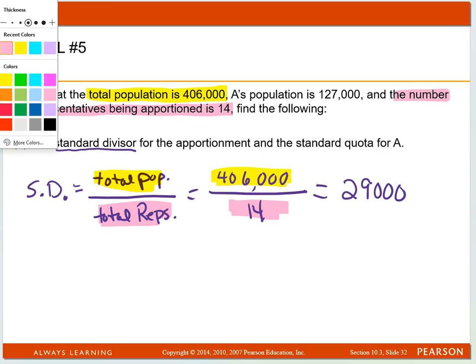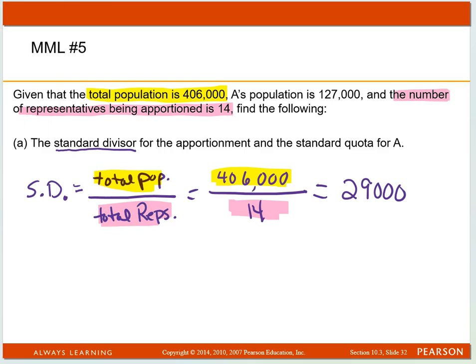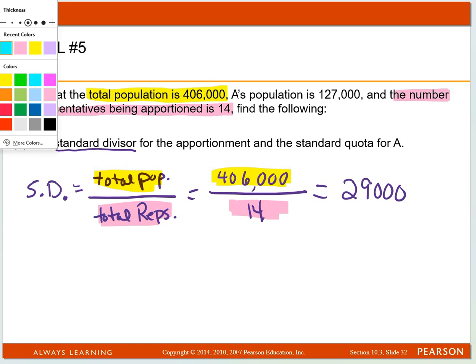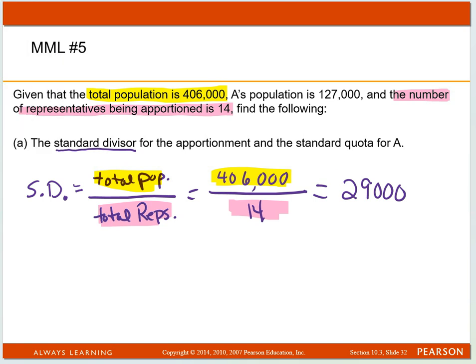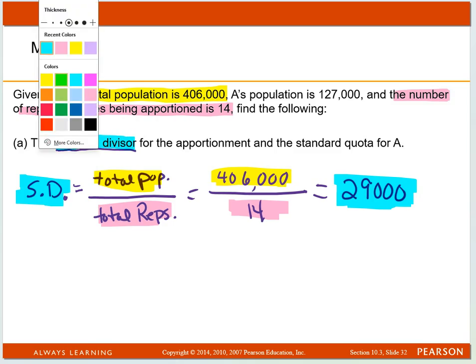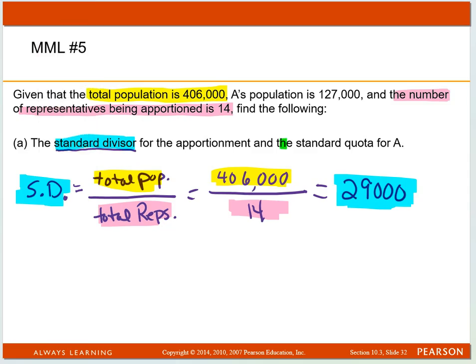Now that is my standard divisor. I used that color before, didn't I? Standard divisor. That's your SD. The standard divisor for the apportionment, and they also want you to find the standard quota for state A. So standard quota, I'll use a red for that.